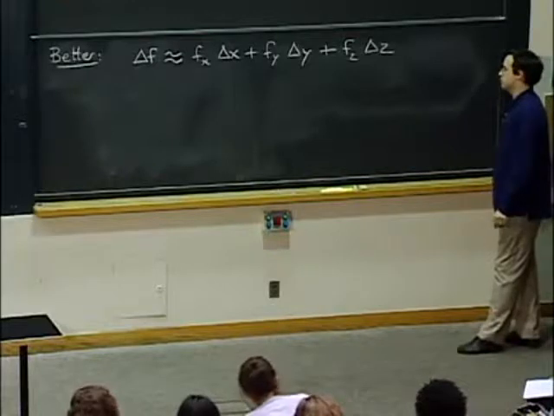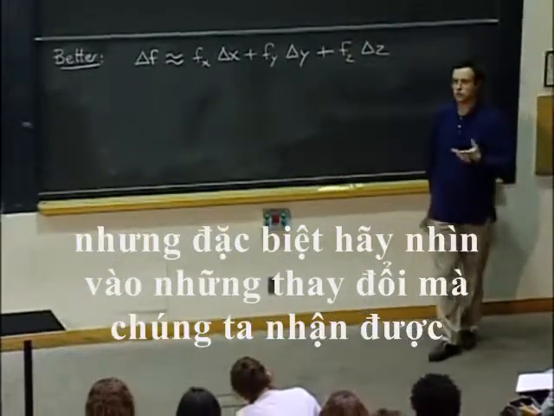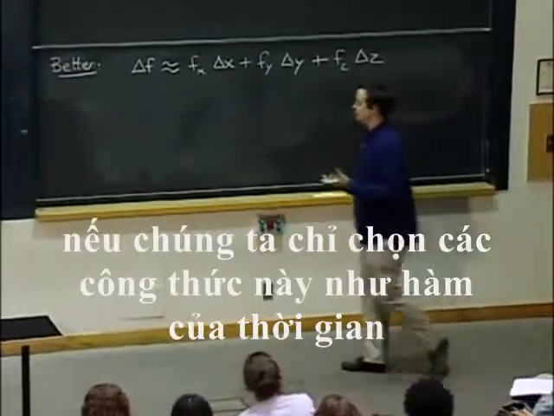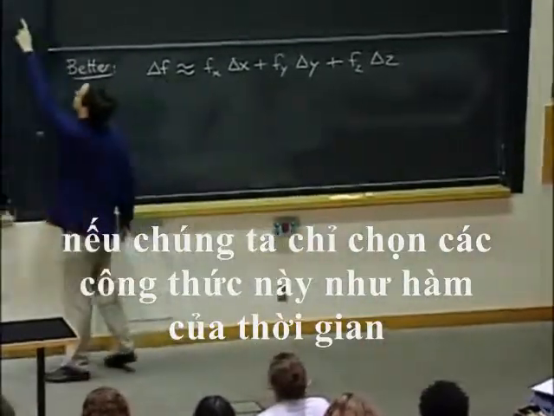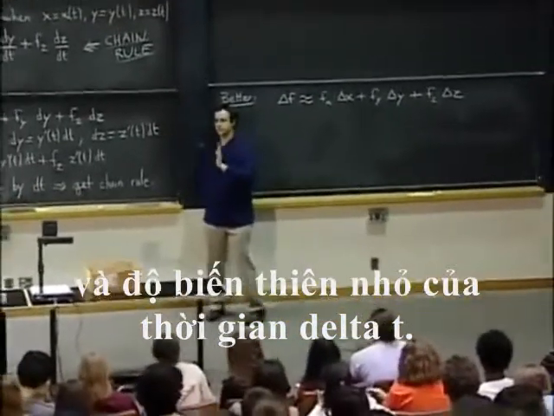So now, this is true for any changes in x, y, z, but in particular, let's look at the changes that we get if we just take these formulas as functions of time and change time a little bit by delta t.